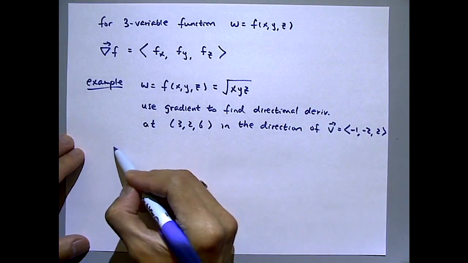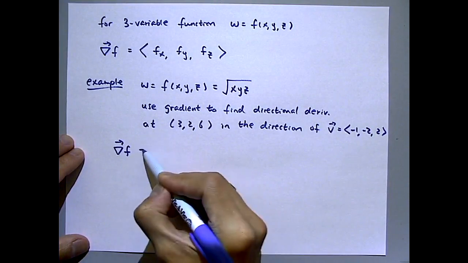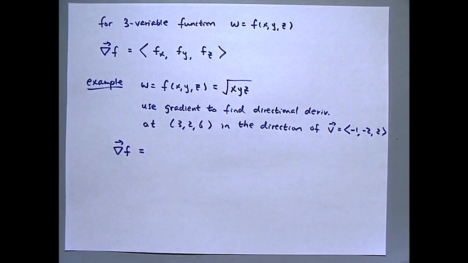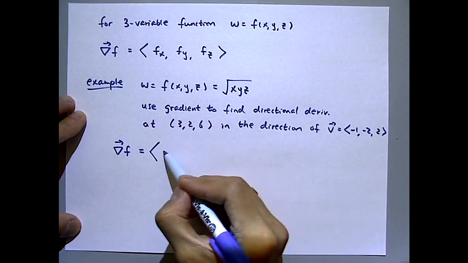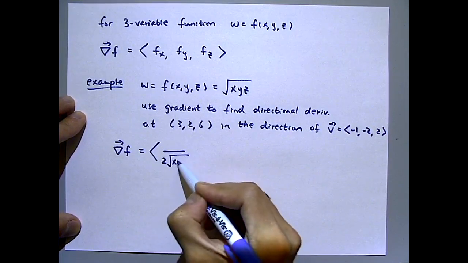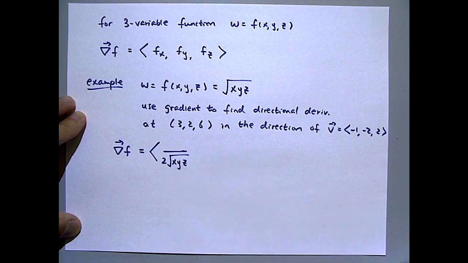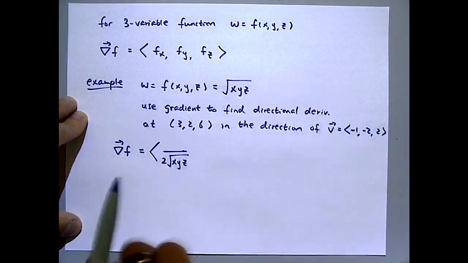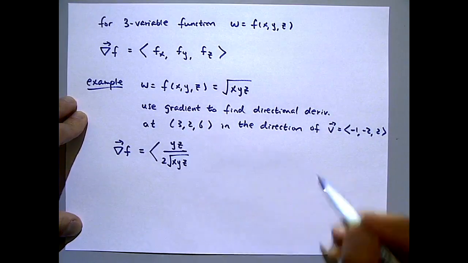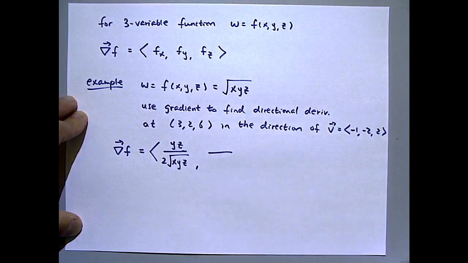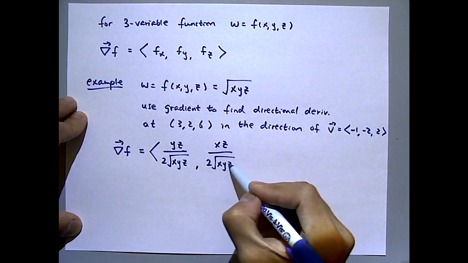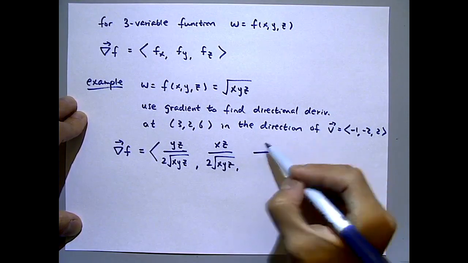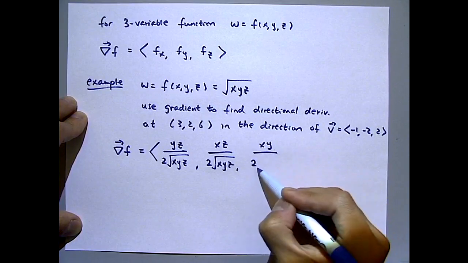All right, let's do the gradient first. This one will work just like the last example we did. Fx would be 1 over 2 radical xyz. On the top, y and z are constant, so the chain rule will give you yz up here. Fy would be xz over 2 radical xyz. And Fz would be xy upstairs, downstairs is 2 radical xyz.